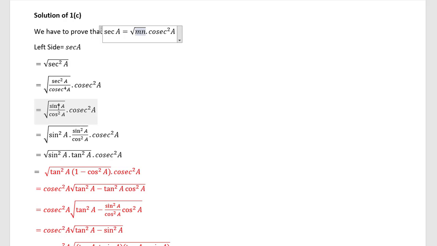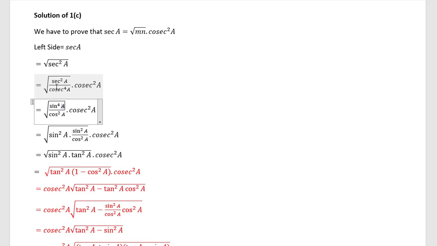Therefore for the first stage we have taken sec square a to the denominator, and it will become cos square a, and we have taken cosec power 4a to the numerator, and it will become sine power 4a, because 1 by cosec power 4a equals sine power 4a, and 1 by sec square a equals cos square a.